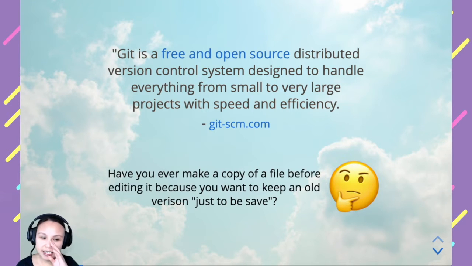The easy way to think of it is this: have you ever made a copy of a file? It could be your document or your spreadsheet, maybe from a colleague or friend, or a file you already had, and before you make changes to it, you make a copy because maybe you want to go back to the old version in the future.